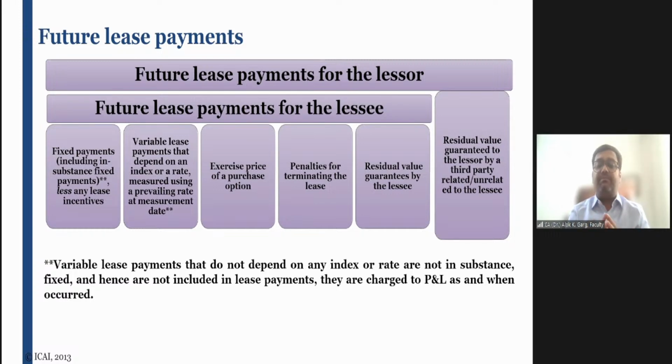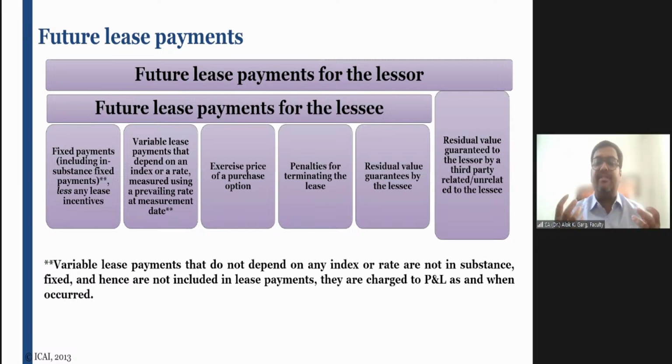If the termination right is only with the lessee, then you need to see whether the lessee is reasonably certain not to avail the termination option, then it has to be considered. But if the lessee says that no, I'll avail the termination option, then it is not going to be considered, right? Then we discussed, whenever there is a change in the facts and circumstances, the lessee has to reassess the renewal period and termination period.